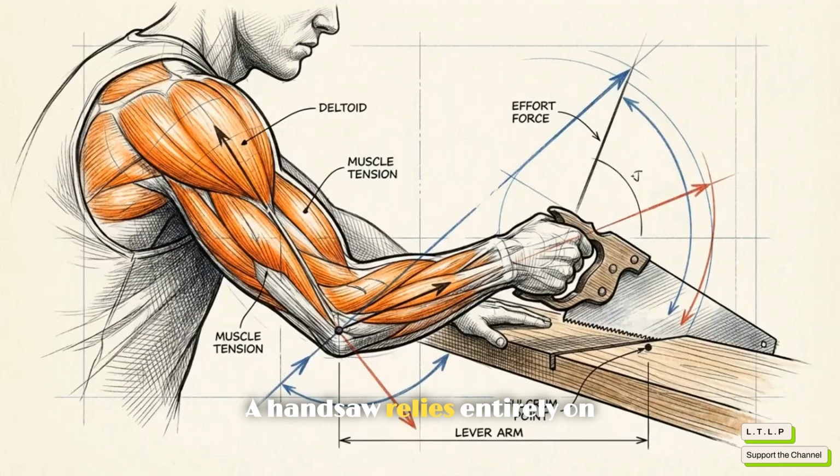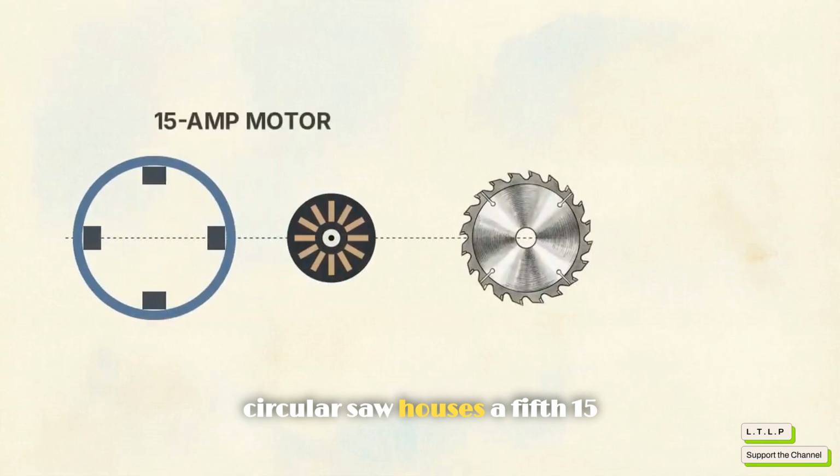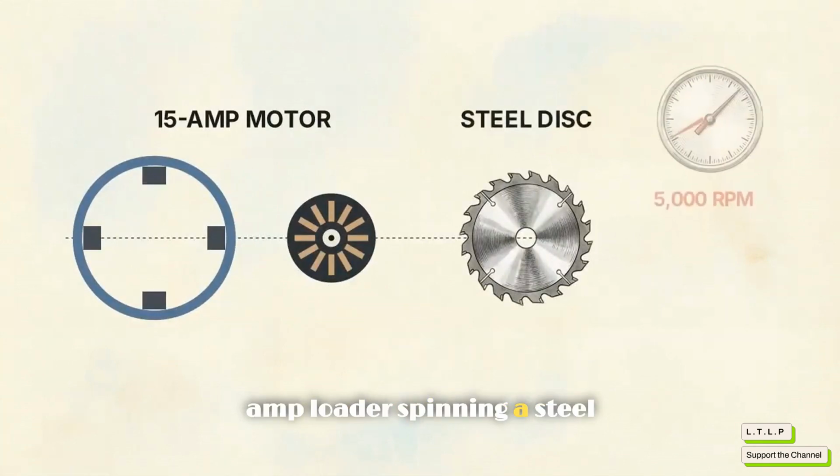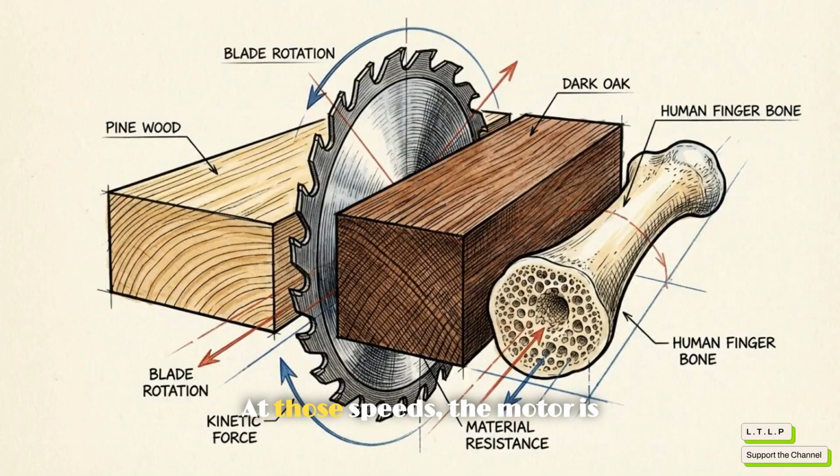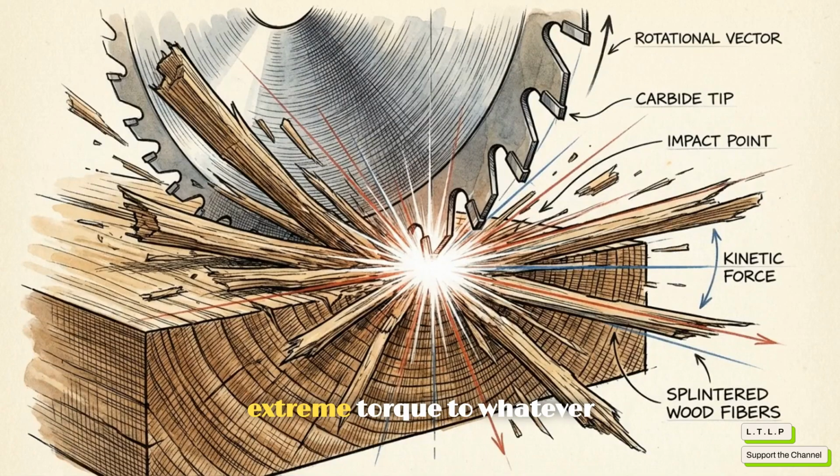A handsaw relies entirely on the strength of your arm, but a circular saw houses a 15-amp motor spinning a steel disc at 5,000 revolutions per minute. At those speeds, the motor is indifferent to whether it is encountering pine, hardwood, or human bone. It only knows how to apply extreme torque to whatever stands in its path.